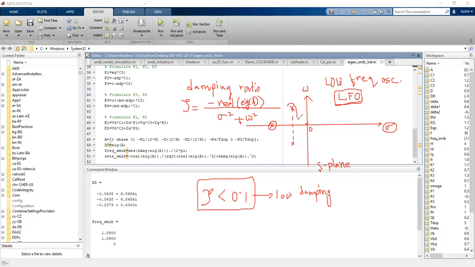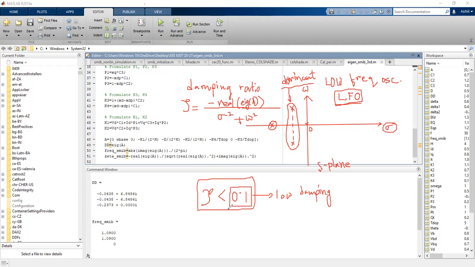So this set, closer to the y-axis, are the dominant poles or dominant eigenvalues. And unfortunately, although the system is stable, the damping associated with this dominant set of eigenvalues is much less than our benchmark, that is 0.1.